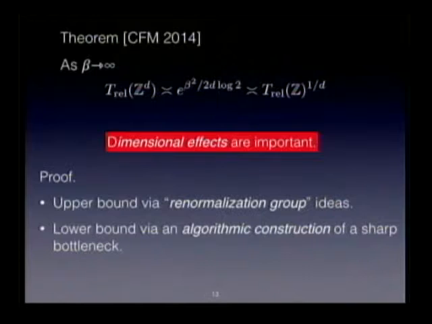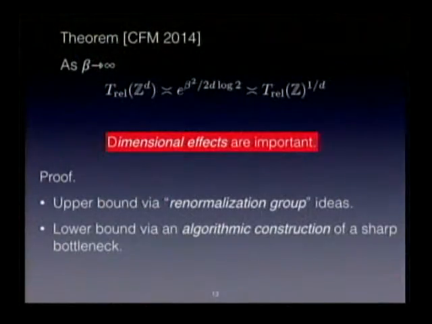So the proof. There is an upper bound. There are all possible kinds of techniques that are combined together in a rather complicated way. The upper bound is via renormalization group ideas, which sounds complicated, but in a sense it is not. And physicists didn't object to using this word.